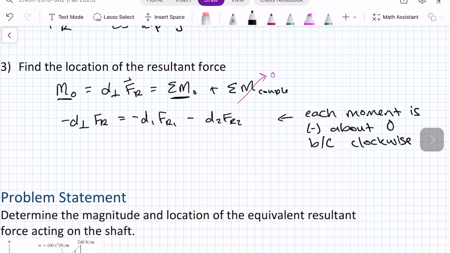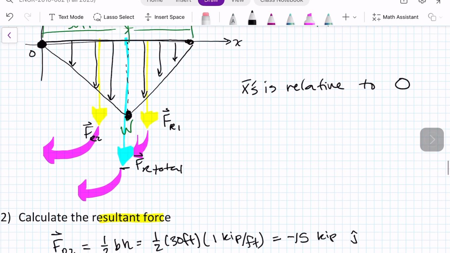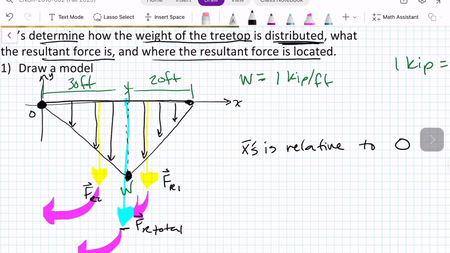Okay, so now we can put in our known values. We don't know D perpendicular, that's what we're trying to find, but we do know the resultant force, which was 25 kips. Remember that this is just the magnitude, the absolute value. Then we need to find out what these D's are for each of these. This D right here, D2, is going to be 2/3 away because the resultant force is on the heavier side of this triangle.